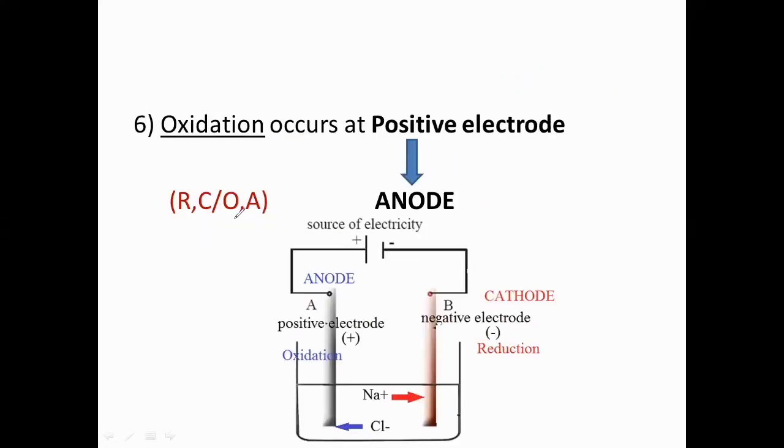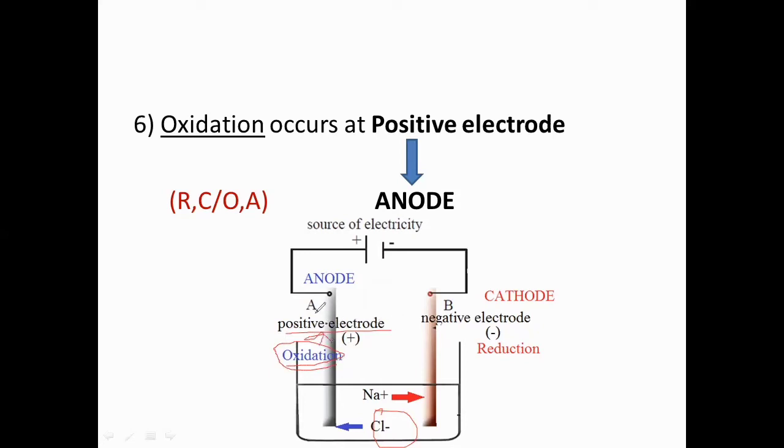Sixth convention, the negative ions in these solutions are attracted towards the positive electrode, lose electrons, and get oxidized. So this oxidation occurs at the positive electrode.